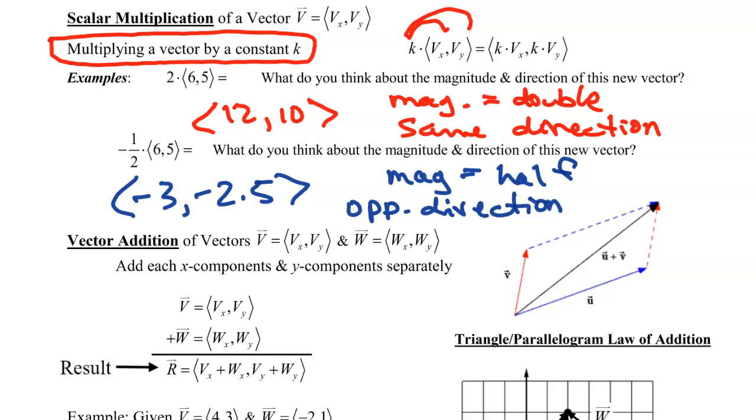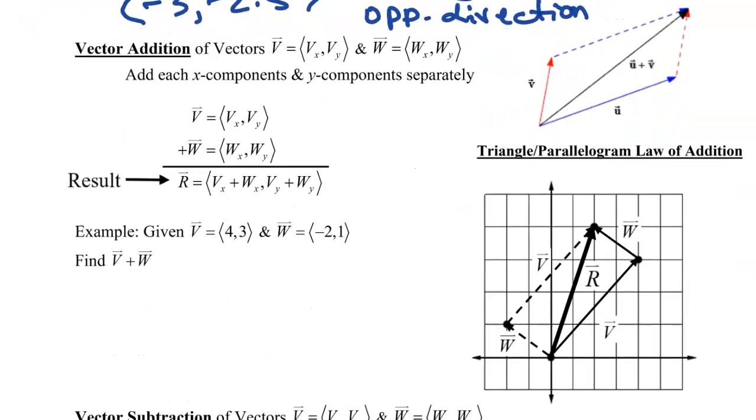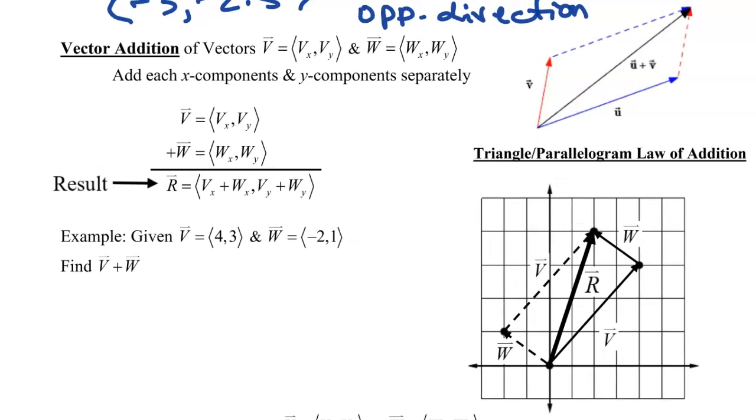It made everything opposite. So next we're going to work on vector addition. Vector addition is really, really easy. All it is, is adding the x components together and the y components together. That's all it is.